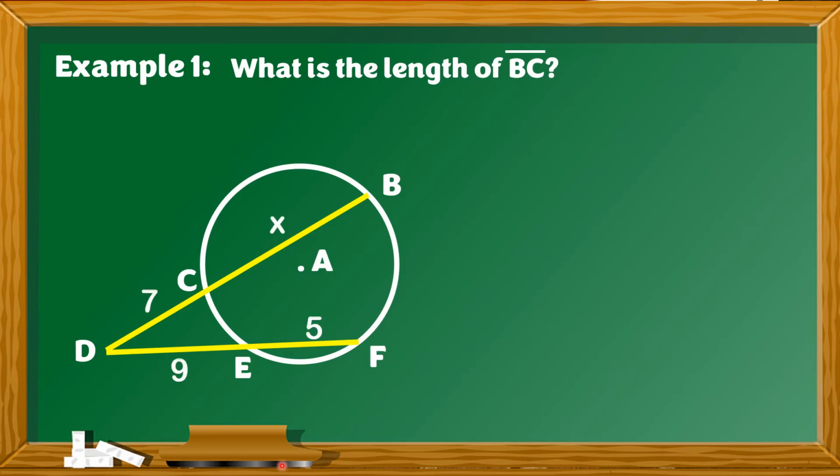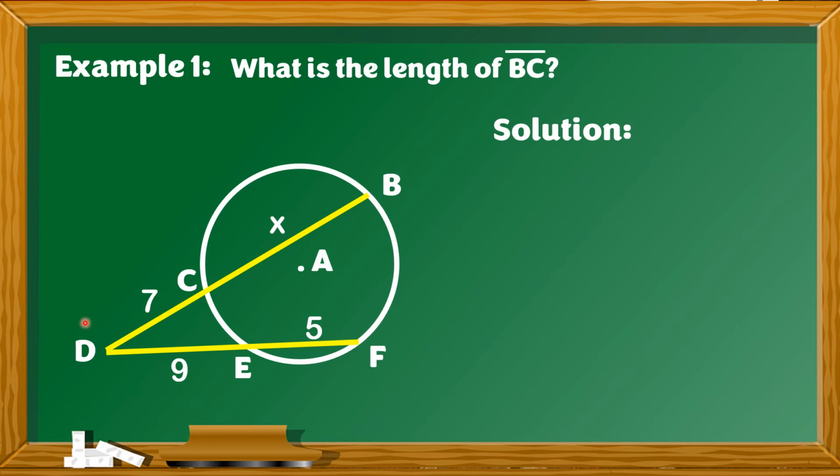First, we have the lengths of the segments. Line segment EF is 5, line segment DE is 9, line segment DC is 7, and line segment BC is X. We're going to solve for the value of X.